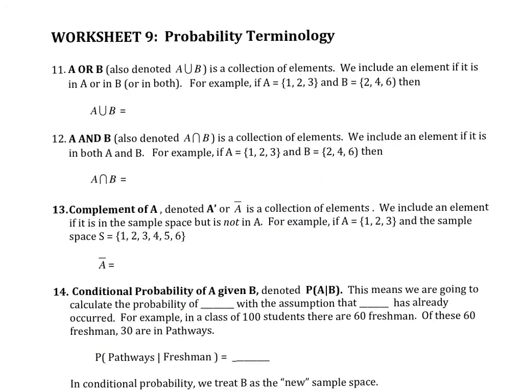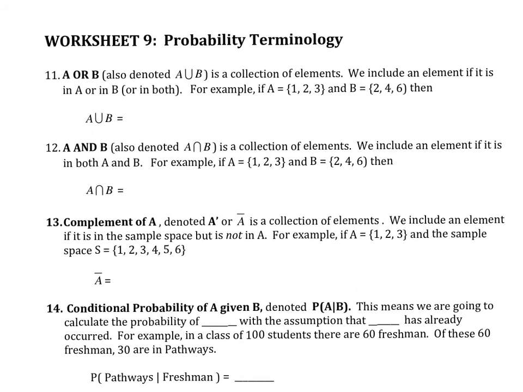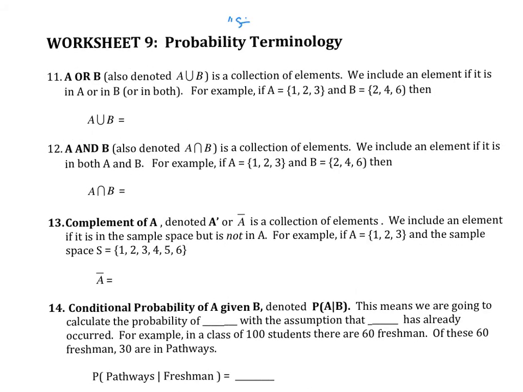Now I'm going to look at some more interesting events and the probability of interesting events. So first you see it says A or B. So imagine, for example, to satisfy your math requirement, you have to take either Stat 50 or Math 15. For some schools, you can either take Stat 50 or Math 15.